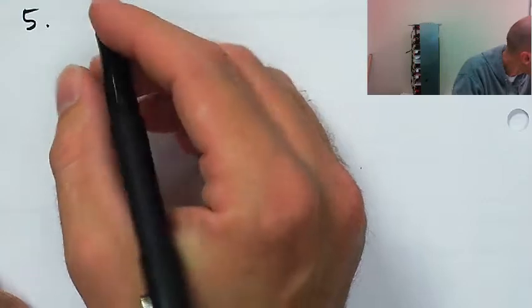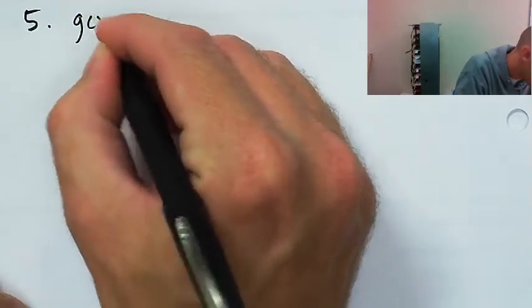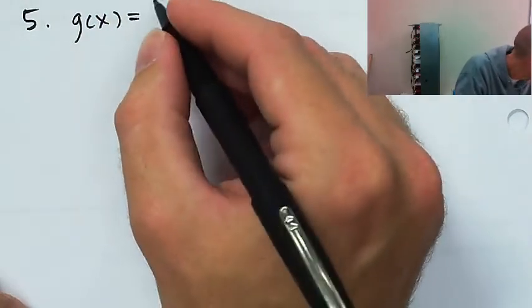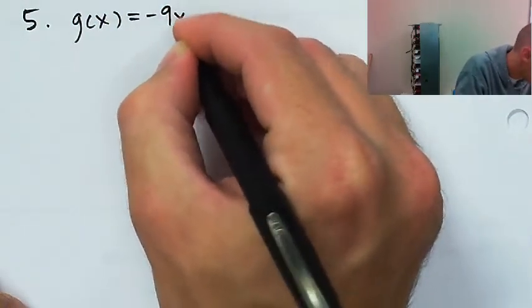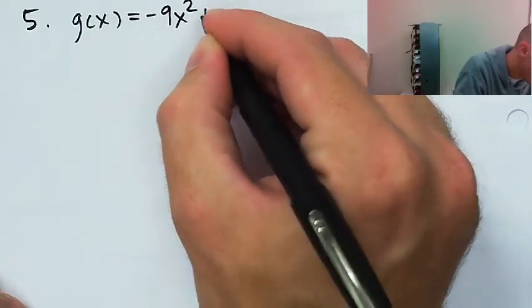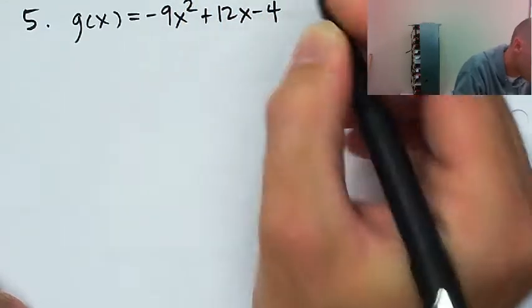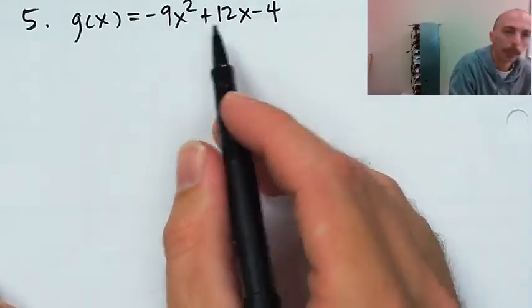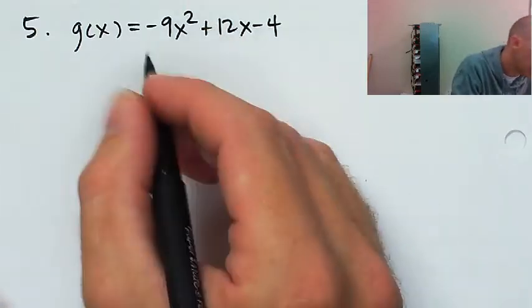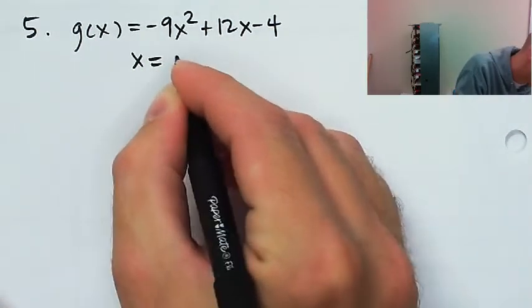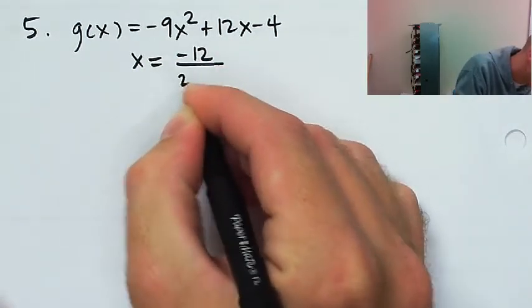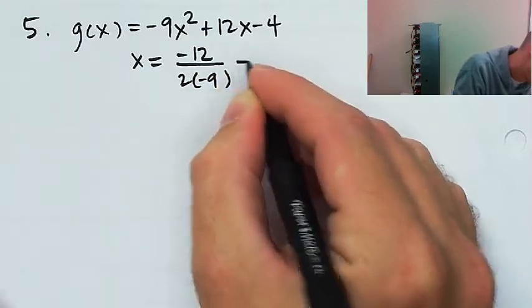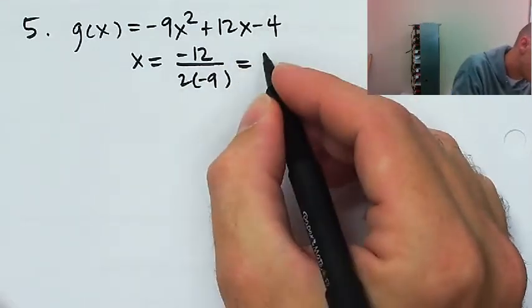All right, for number 5, g of x equals -9x squared plus 12x minus 4. Okay. Get the coordinates of the vertex. x equals -b over 2a. It's going to be -12 over -18.